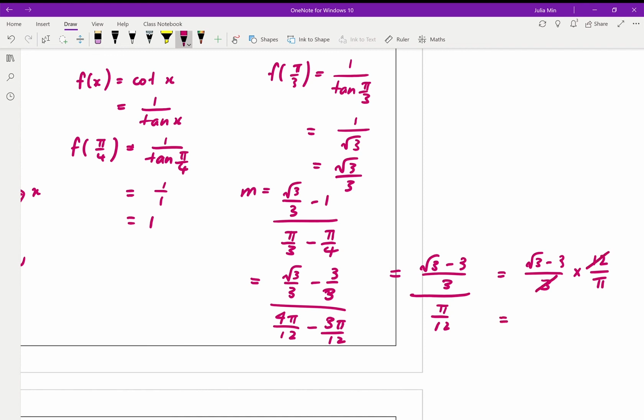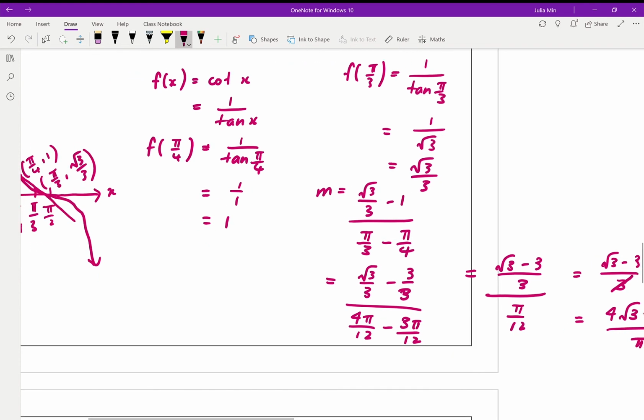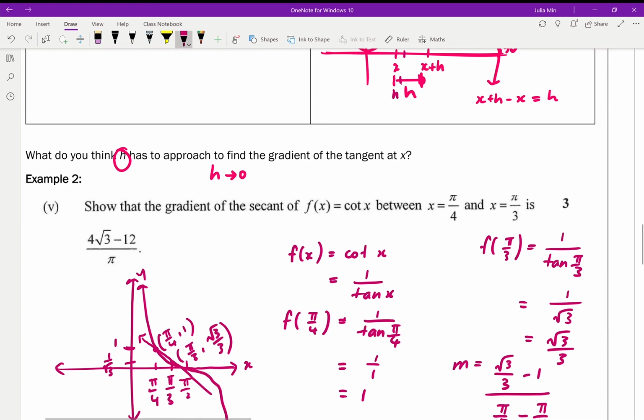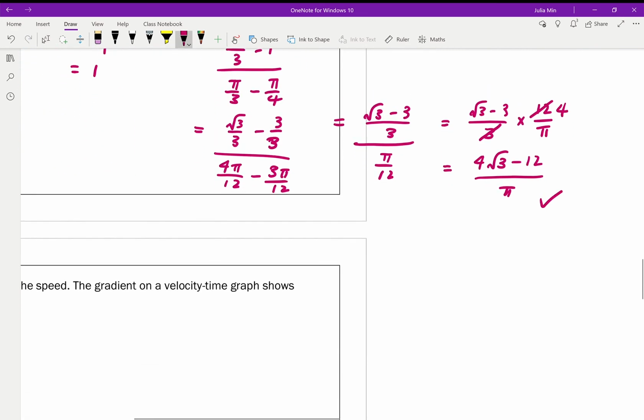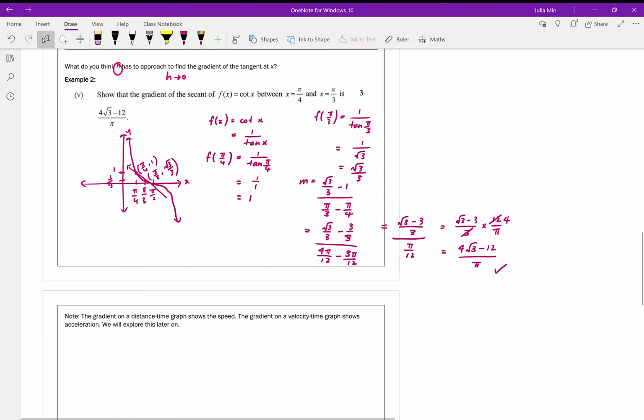But this you can cancel out already, that becomes 4. Okay, and then what they do is expand it out, so 4 root 3 minus 12 on pi is your gradient, which we have found. Okay? So that's all you have to do. To find the corresponding y value, use the function, and then use the gradient formula to do it.